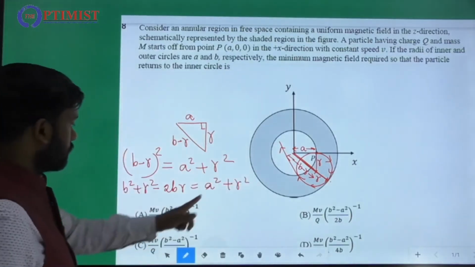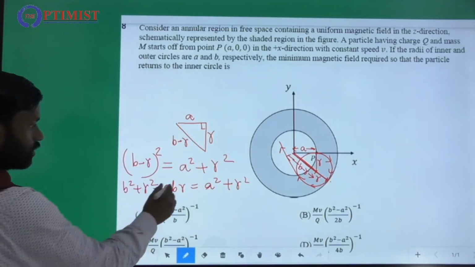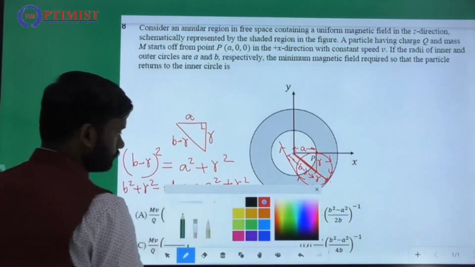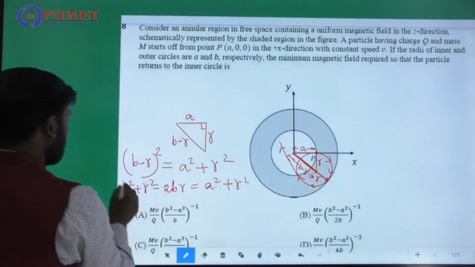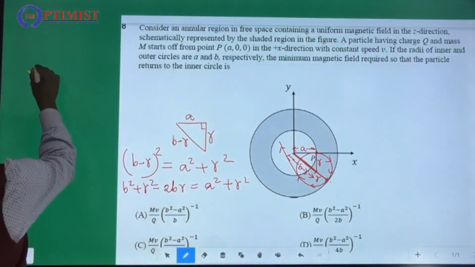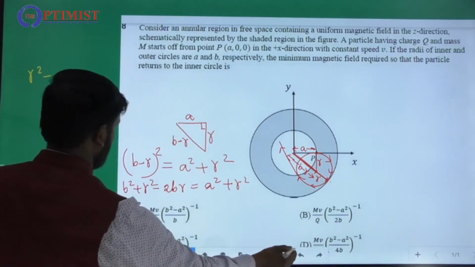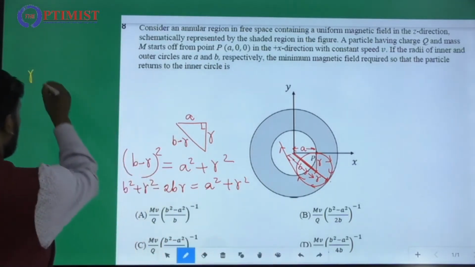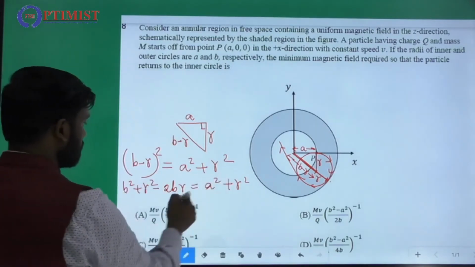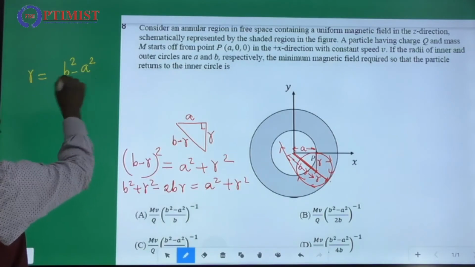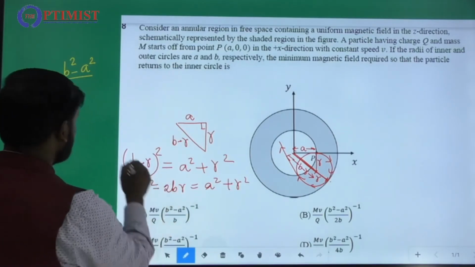So r square will cancel out. From here we can calculate value of r. Because r square cancelling out, r will be equal to b square minus a square divided by 2b.